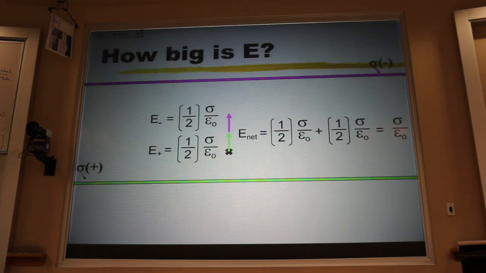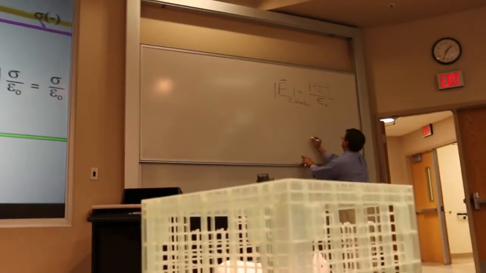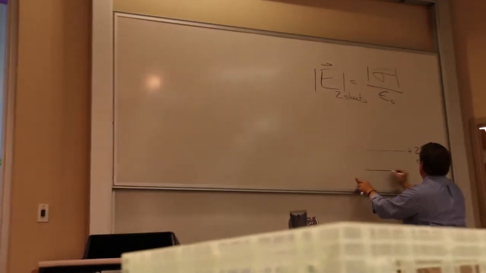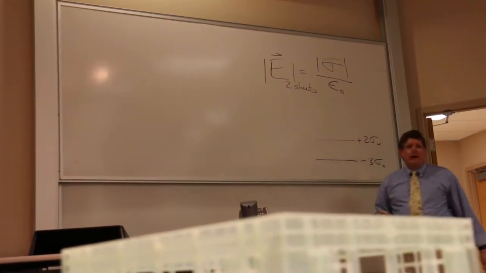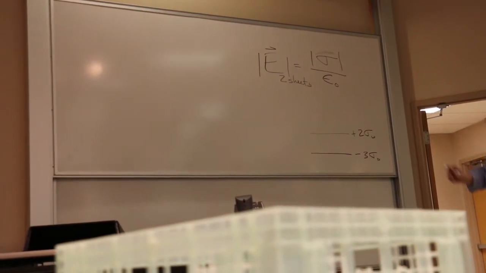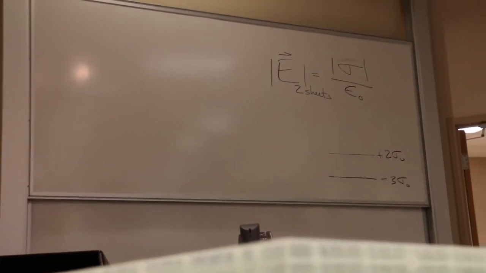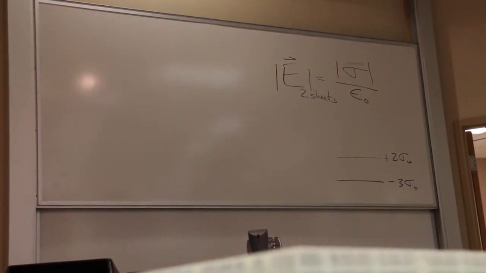Now, this formula can sometimes get misused. On the exam, I might put 2 sheets, one that has a positive 2 sigma naught, and one that's got a negative 3 sigma naught. And what I find is that many people will just blindly plug into that formula. Well, it's 2 sheets, I counted 2. 1, 2. Okay?